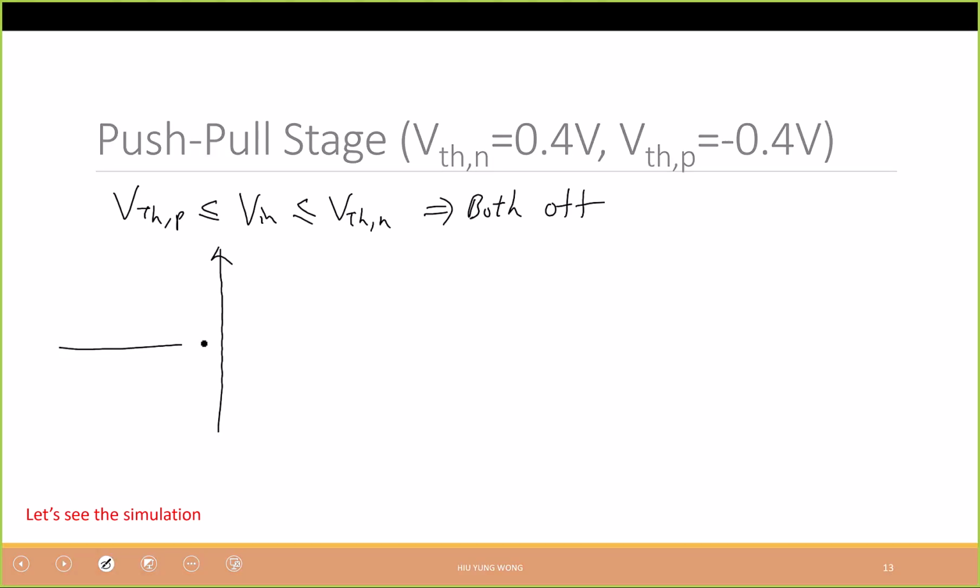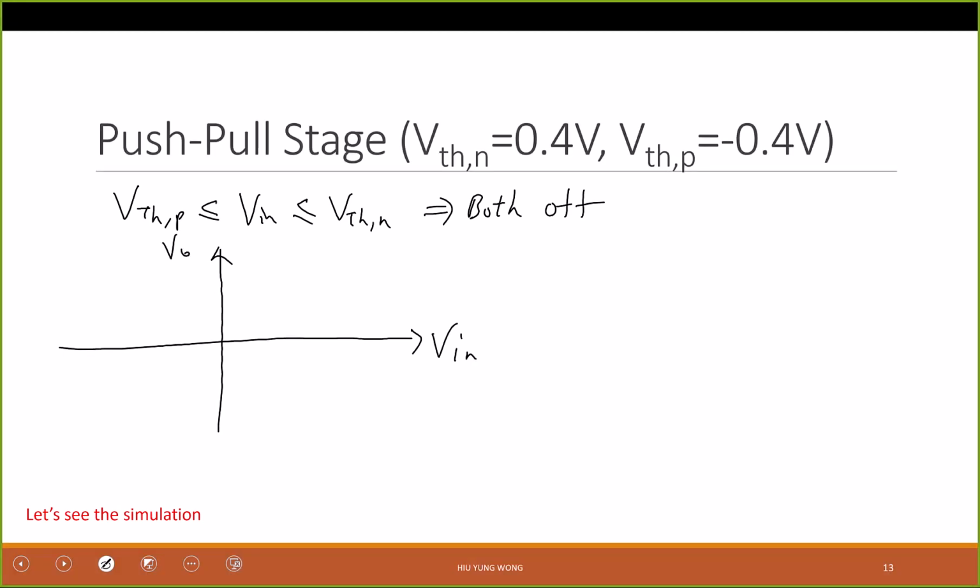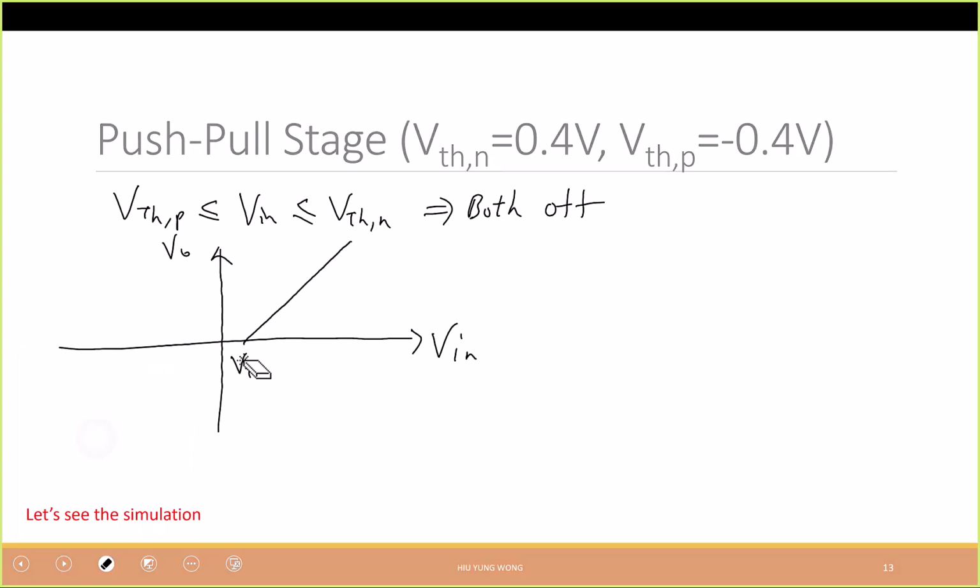So because of this, if you look at the V in versus V out graph, again it's shifted. Shifted by how much? Shifted by VTHN, right? Because again, they will shift downward. Okay. And then from another side, you also have this curve.